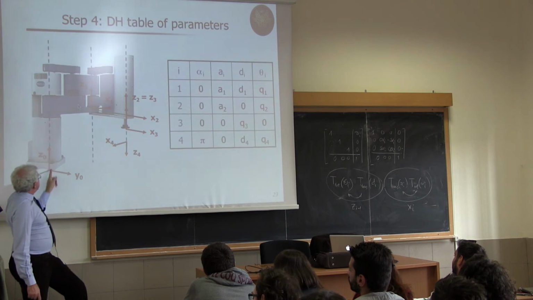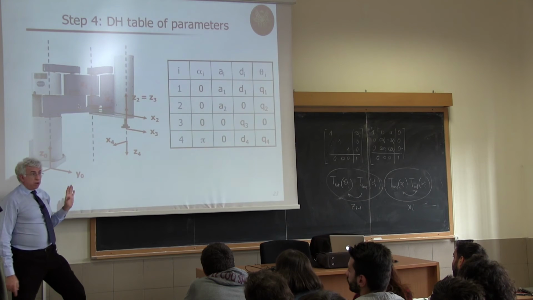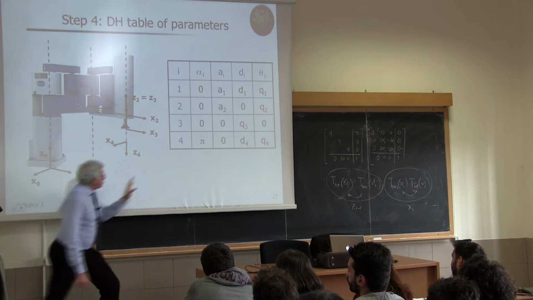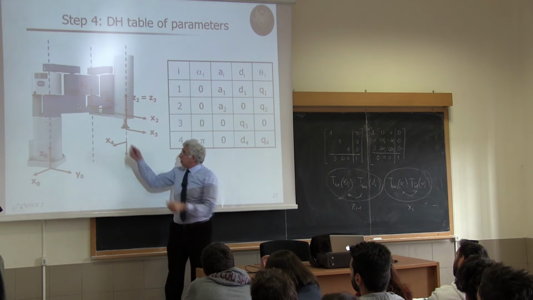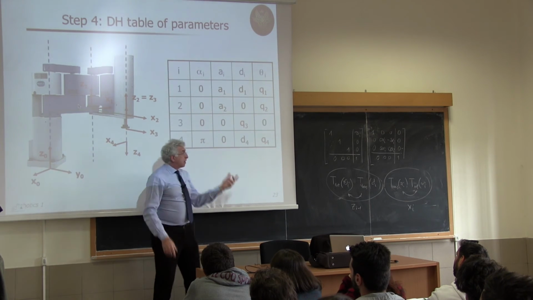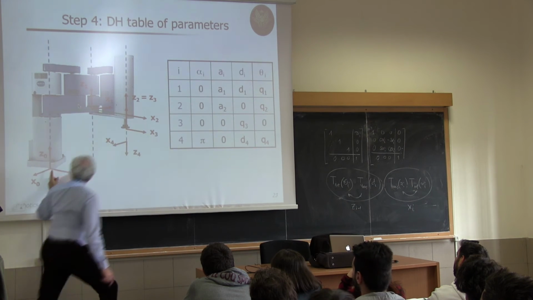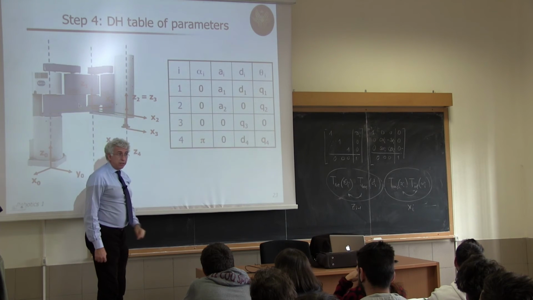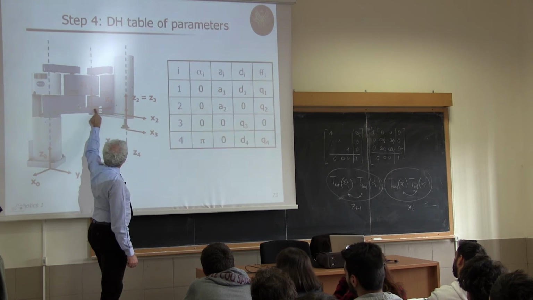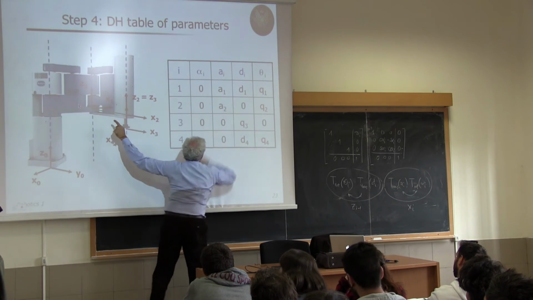In this case, both are positive numbers. I don't put a sign here, but if I put numbers and I have to measure things, these two numbers will be positive, because I'm moving in the positive direction of z0 and in the positive direction of x1.